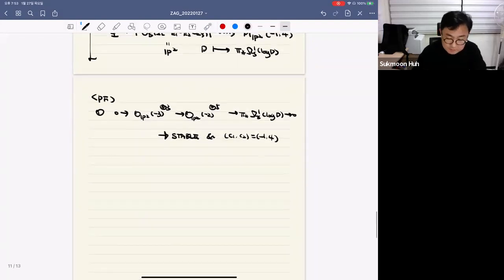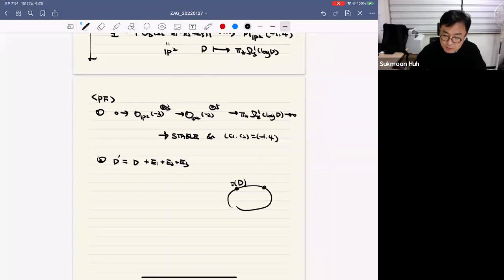And in fact, we can say more. For example, let's consider another divisor: the original divisor D plus the corresponding exceptional divisors E1, E2, E3. Because here we have pi D downstairs through the 3 blown-up points P1, P2, P3, upstairs we have E1, E2, E3, and then D. So the sum of these 4 is our new divisor, D prime.